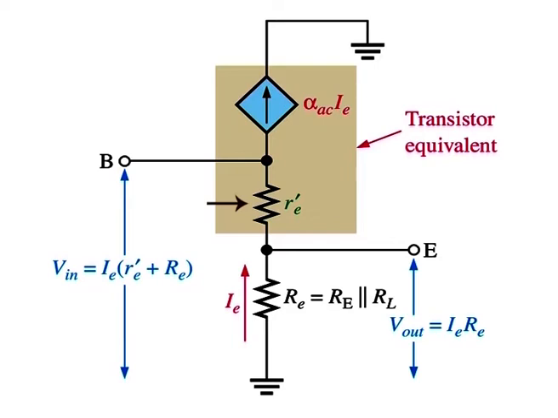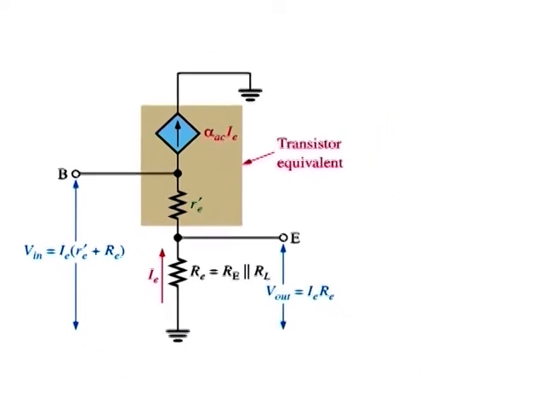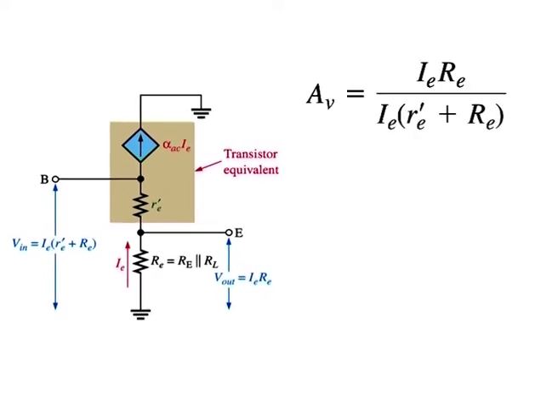Here r'e is the AC emitter resistance. Therefore, the voltage gain is given by this equation where Av is equal to Ie times Re over Ie times r'e plus Re. The Ie current terms cancel and the base to emitter voltage gain expression simplifies to Av equal to Re over r'e plus Re.